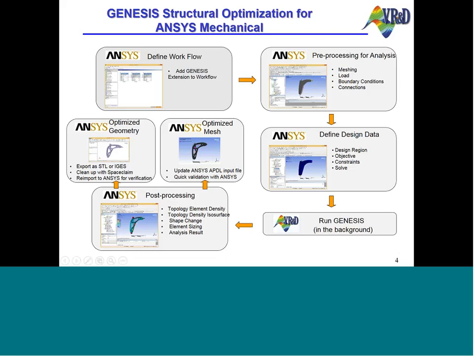As the last step, the user can export the optimized geometry as STL or edges file, then use software like SpaceClaim to clean up the geometry. Or the user can click on a button to update the ANSYS APDL input file with the design changes and run a quick validation with ANSYS. So this is the workflow of the Genesis extension.